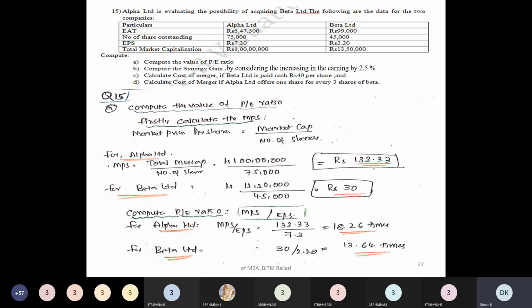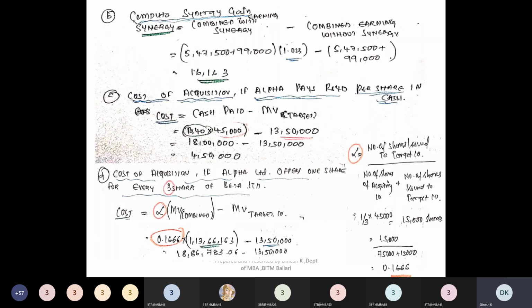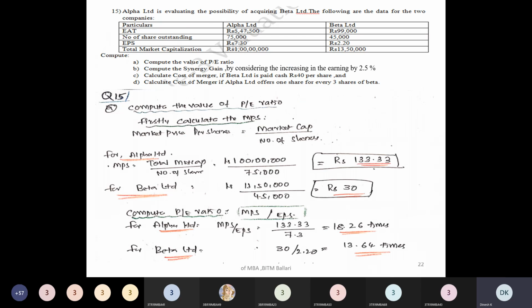So what is the synergy gain? Synergy gain would be combined earnings with synergy minus combined earnings without synergy, right? So what is the combined earnings? As given in the question, that is earnings after tax, 5,44,500, and here it is given as 99,000, right?